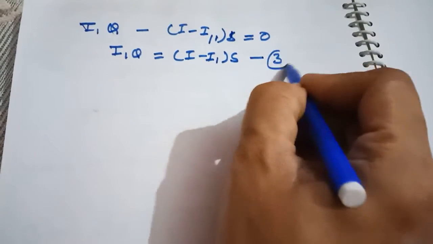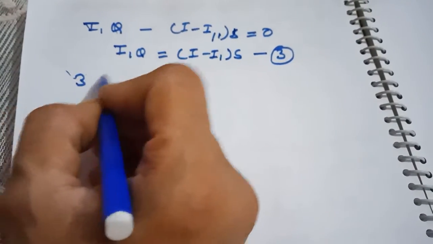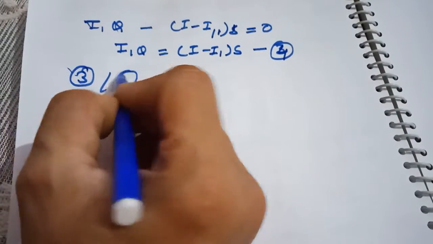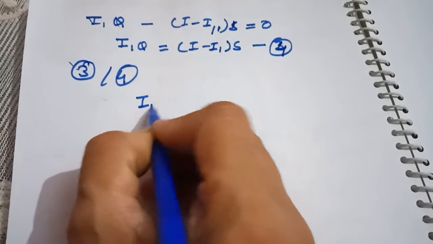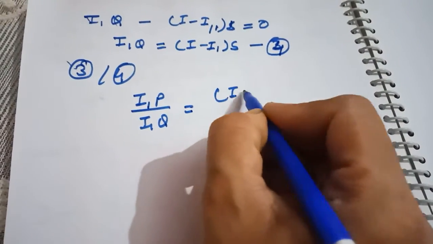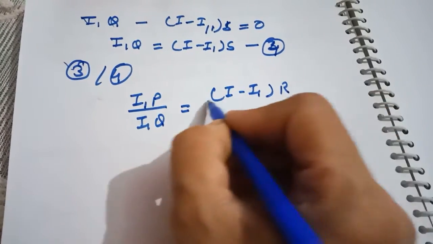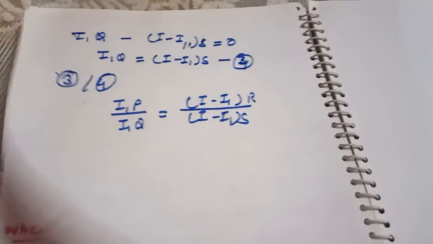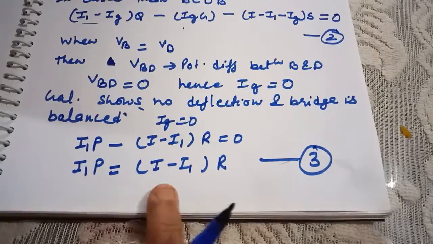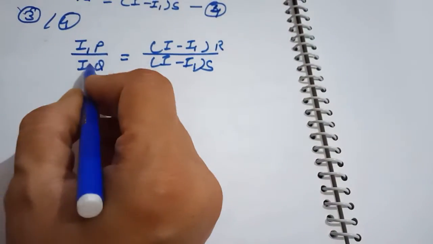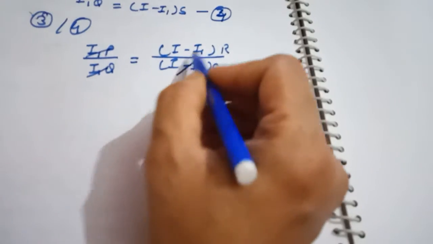This is the fourth equation. Now take the ratio of the third with the fourth. So you will be taking I1P upon I1Q is equal to (I minus I1) R upon (I minus I1) S. Now this I1 and I1 cancel out, and this and this cancel out.